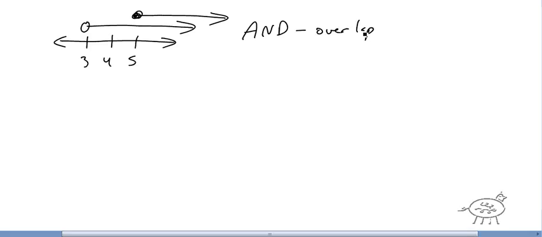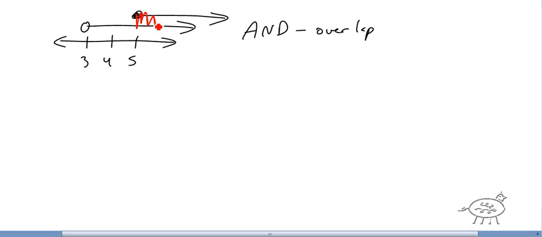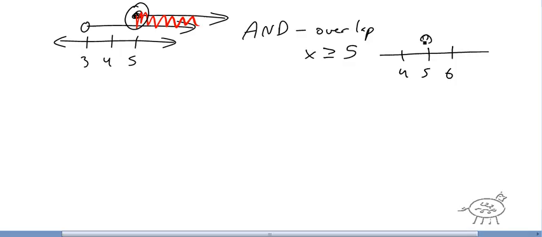And where does everything start to overlap? It starts to overlap right here and goes out. So you're going to tell me the solution to this problem is x is greater than or equal to 5, because it's got a solid dot here going to the right. Okay, so that is what an AND problem solution would look like. And then your graph would look like this. You'd have just one line going like that.